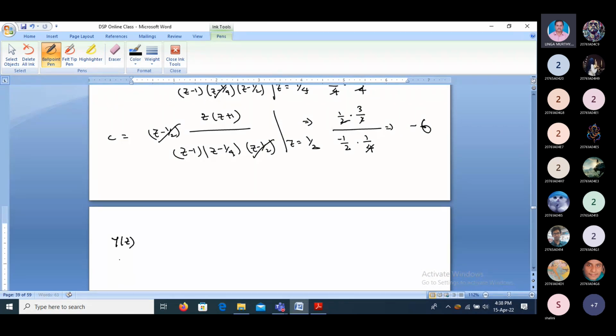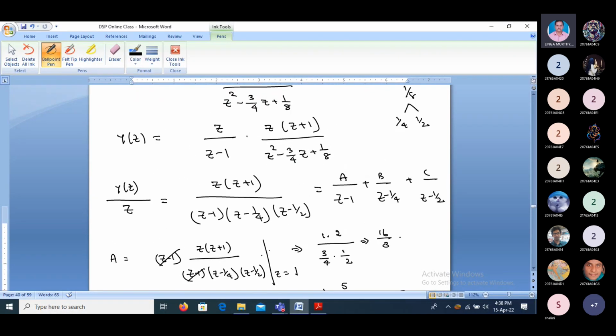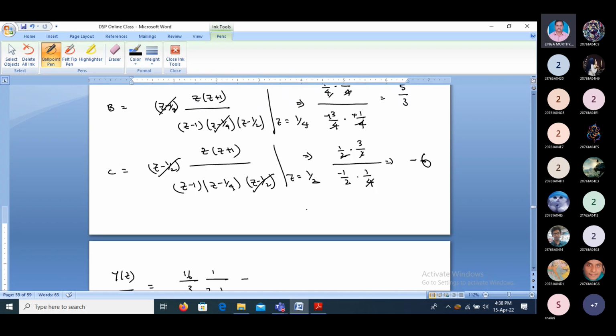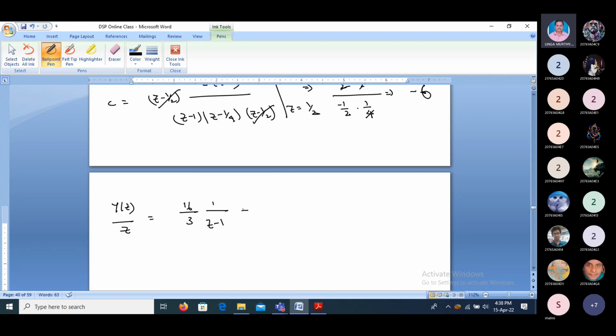So finally Y(z)/z is equal to A, where A is nothing but 16/3, times 1/(z minus 1), plus 5/3 divided by (z minus 1/4), minus 6 times 1/(z minus 1/2).